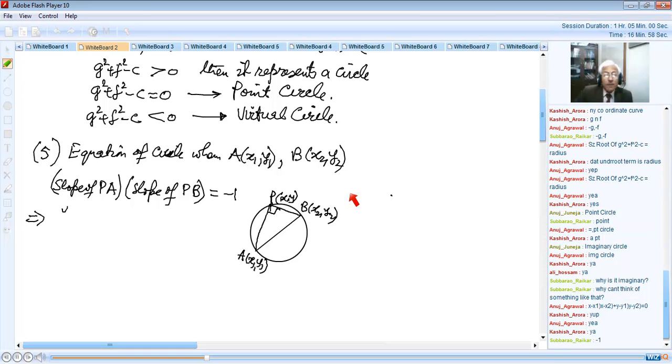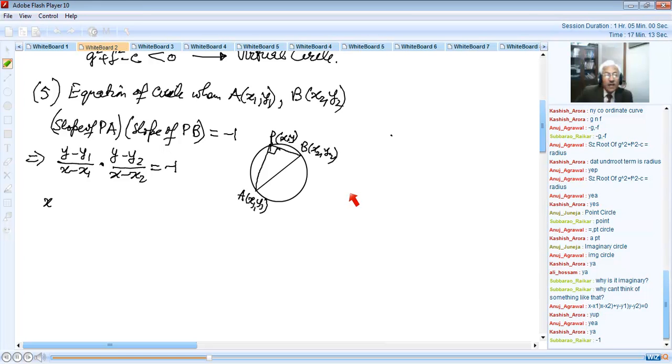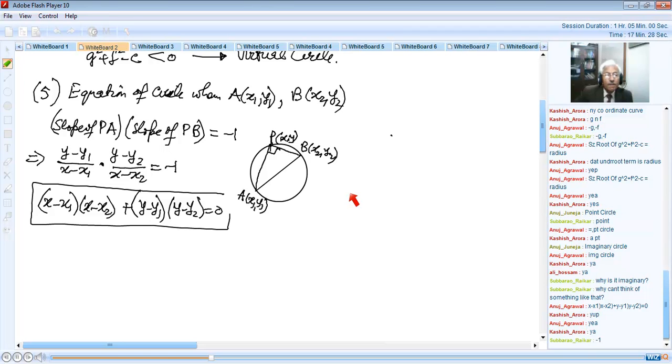Slope of PA is (y minus y1) upon (x minus x1) into (y minus y2) upon (x minus x2) becomes -1. That leads to the equation of the circle as (x minus x1)(x minus x2) plus (y minus y1)(y minus y2) equal to 0. We call it the diameter form of the equation of the circle.